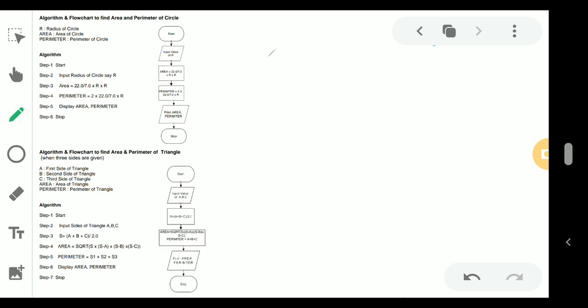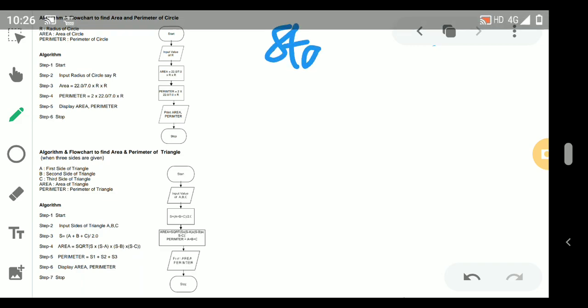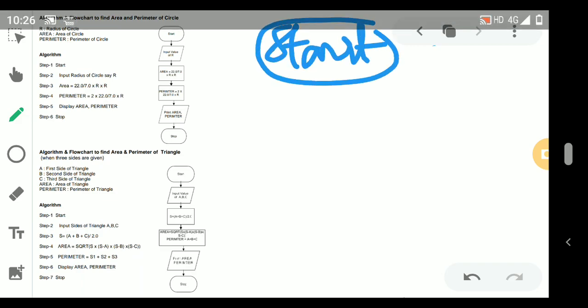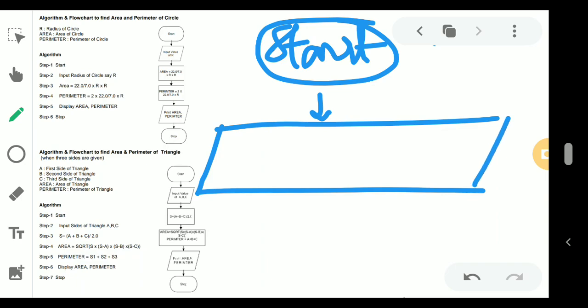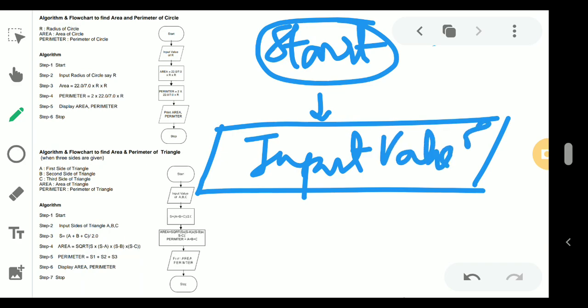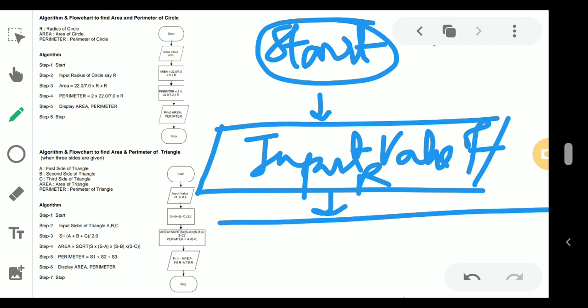So if you try to draw the flowchart, how will we draw it? Let's first write the start, which is the initial step and is common. After that we will take the input. We will take the input value of R, R for radius, or you can directly write radius. Now the next step is to calculate the area value.